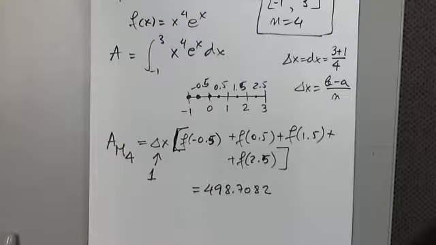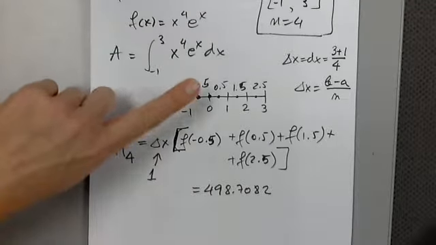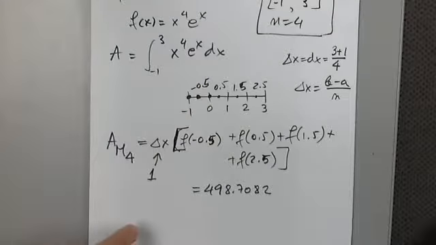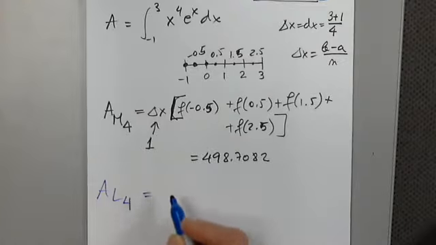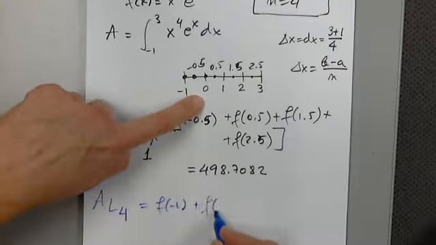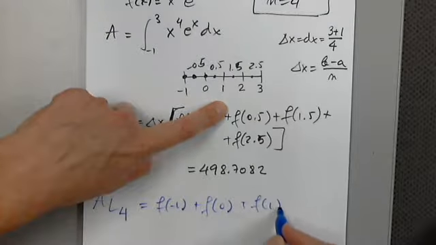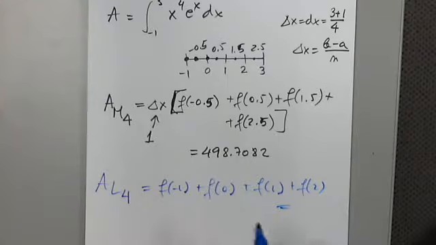Is this clear now? Yes. Okay. But what about finding the upper? Then you have to find the area with the left and the area with the right. So the area with the left 4 will be f of -1 plus f of 0 plus f of 1 plus f of 2, times 1.